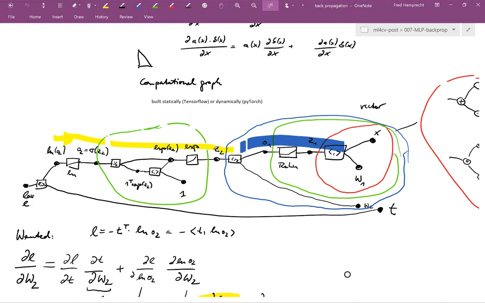But in areas like natural language processing, where the input sentences may be of different length, or in computer vision, where we may get images of different size, it may be more convenient to instantiate this computational graph dynamically, which is what PyTorch does. And to do TensorFlow justice, they also have found a means to deal with images of different size and so on, but it's not as natural as in PyTorch.